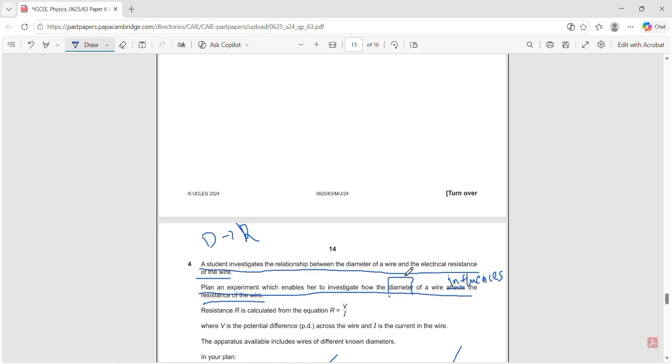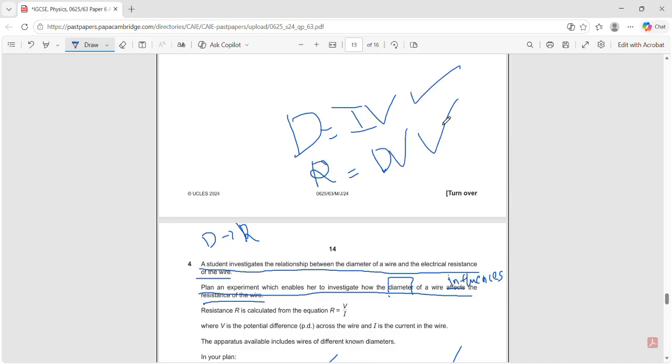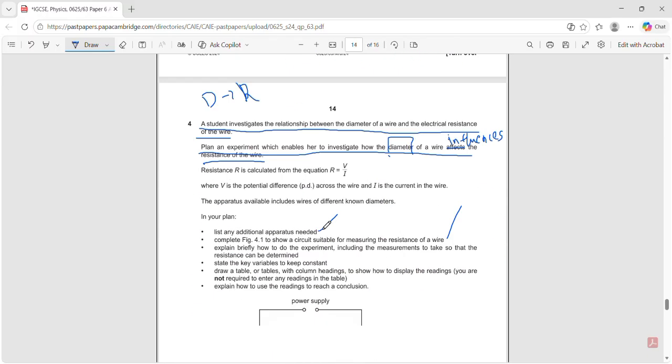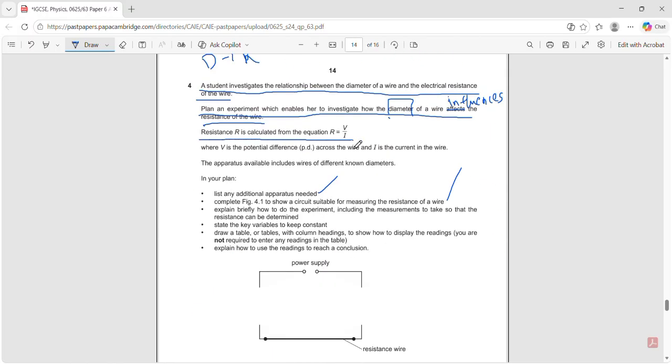Diameter, meaning diameter is the independent variable, and resistance is obviously being influenced, so it's the dependent variable. So we have cleared the independent and dependent variables easily, so we know how our method is going to be. Then resistance is calculated from the equation R is equal to V over I, where V is the potential difference across the wire and I is the current in the wire.